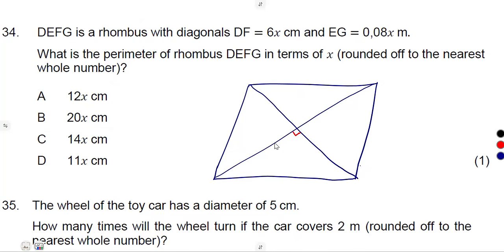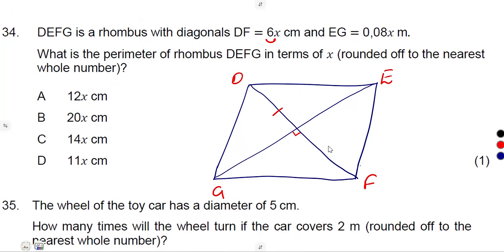So if we have D, E, F to G like that, they gave us D to F as 6. The whole of this one is 6.